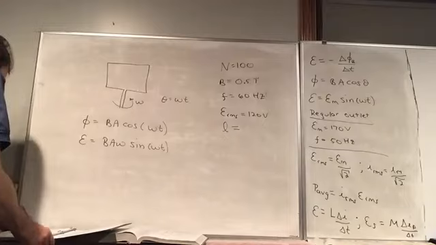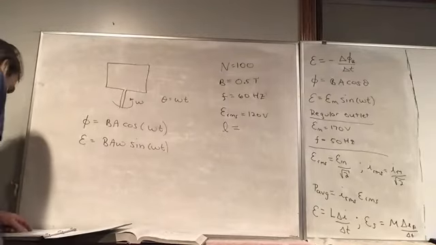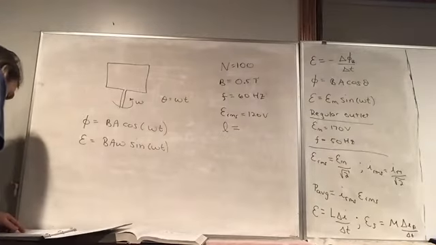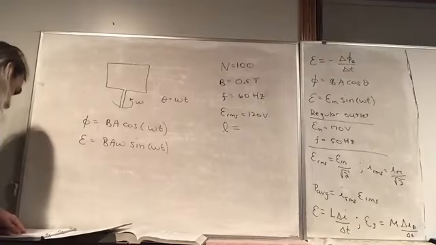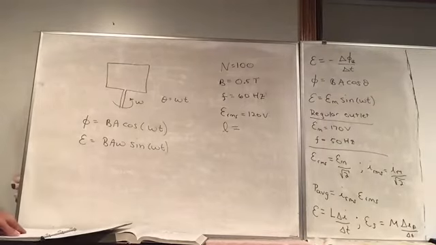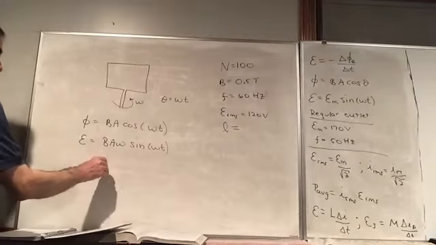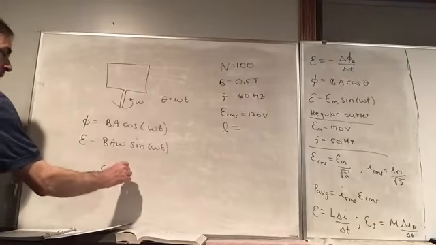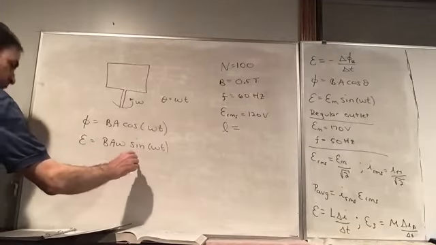So for a generator, what's in the equation sheet is EMF equals Emax sine omega t.